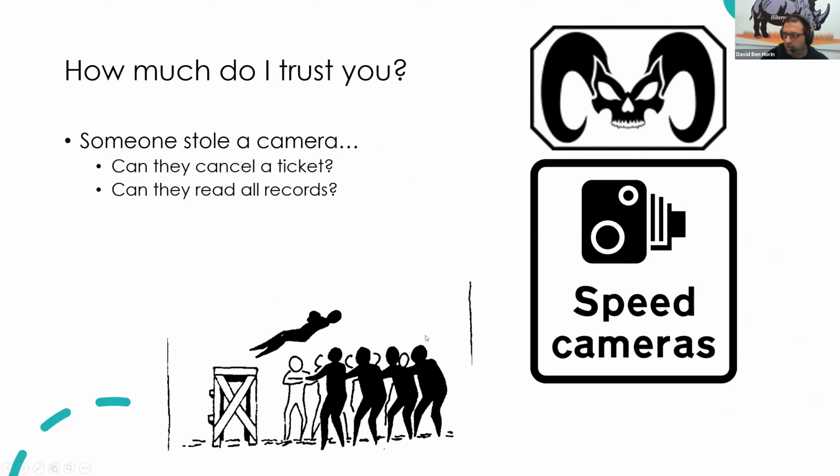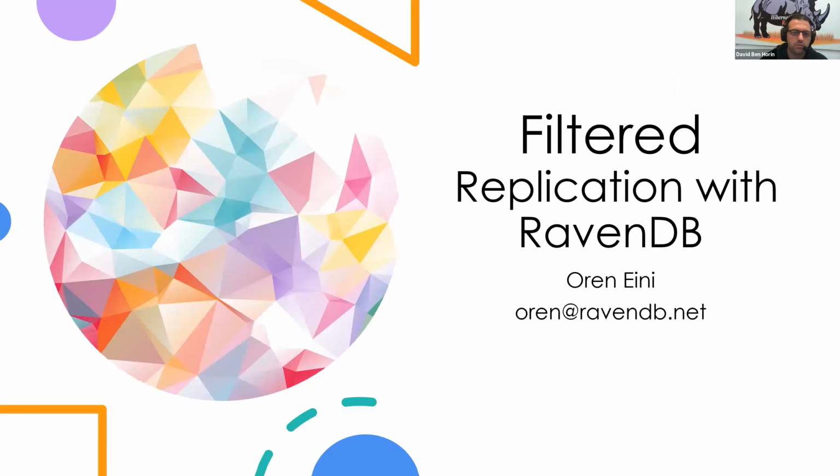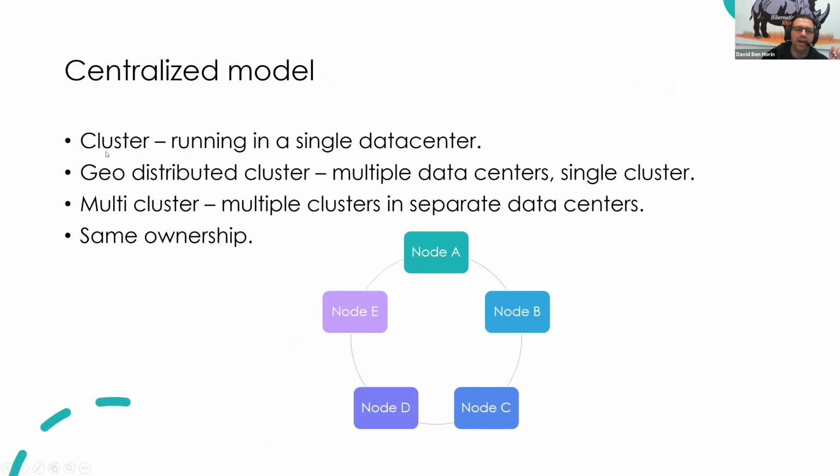This is an issue of trust, as you can imagine. With RavenDB, we have a whole bunch of features around data replication. If you run a cluster, by default, you're going to have data replication. This is the single cluster model or the geo-distributed cluster model, regardless.